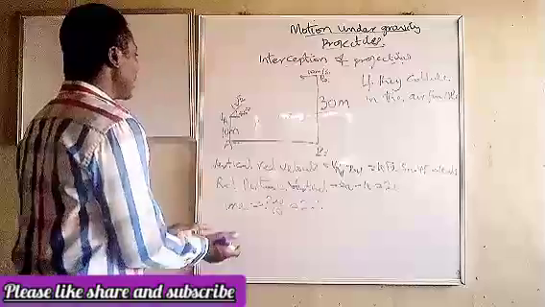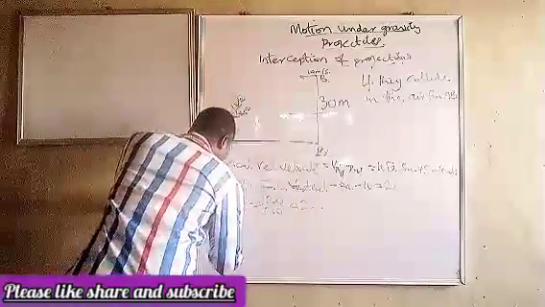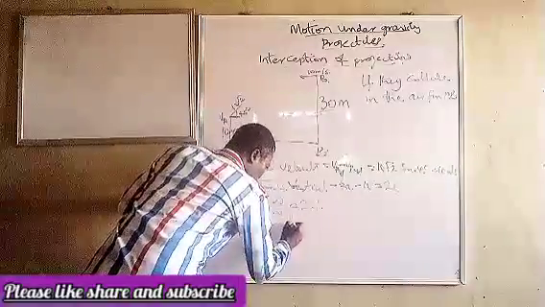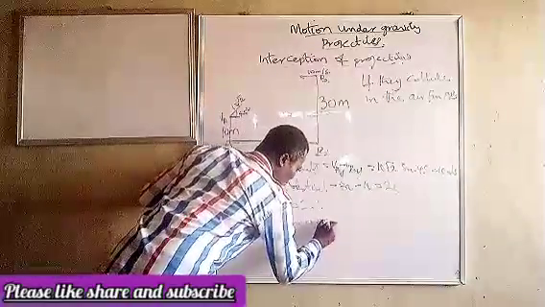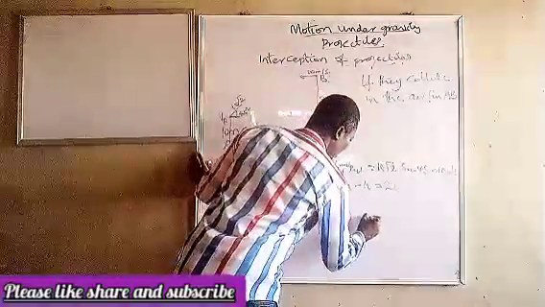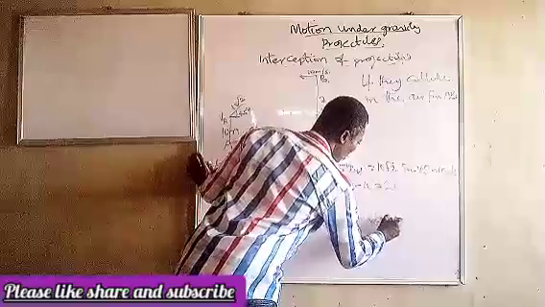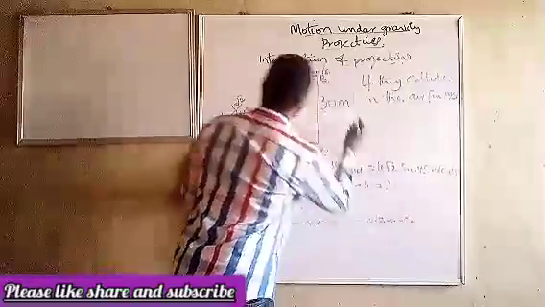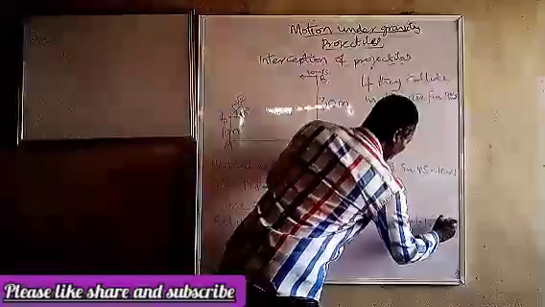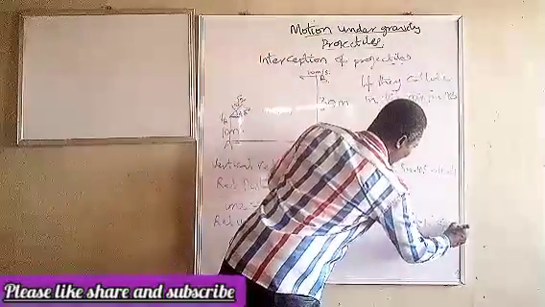Now let's see the relative velocity along the horizontal. Relative velocity along the horizontal will be equal to 10 root 2 cos 45 minus, this one is in opposite direction, minus negative 10, which is equal to 20 meters per second.